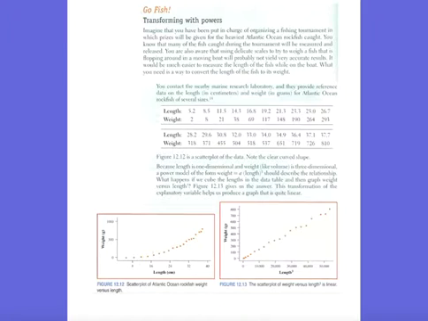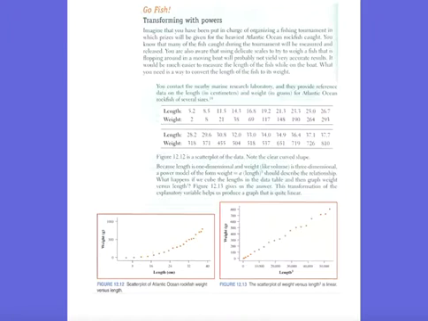Here's an example. Imagine that you have been put in charge of organizing a fishing tournament in which prizes will be given for the heaviest Atlantic Ocean rockfish caught. You know that many of the fish caught during the tournament will be measured and released. You are also aware that using delicate scales to weigh a fish that is flopping around in a moving boat will probably not yield very accurate results.